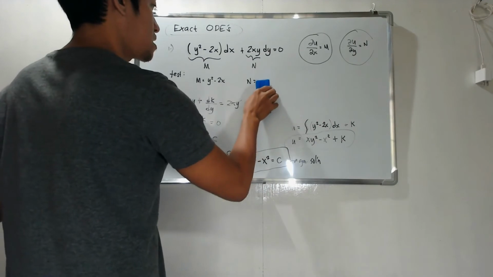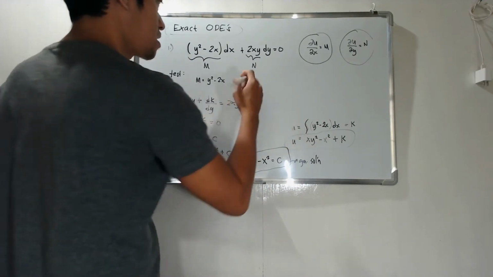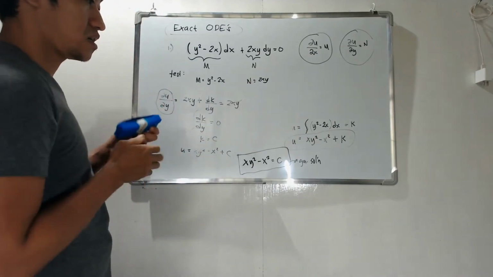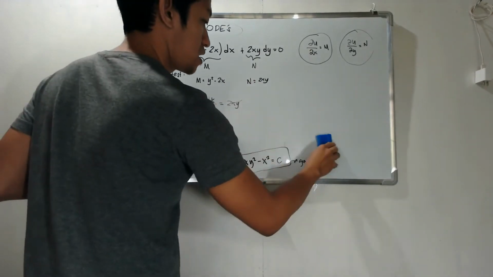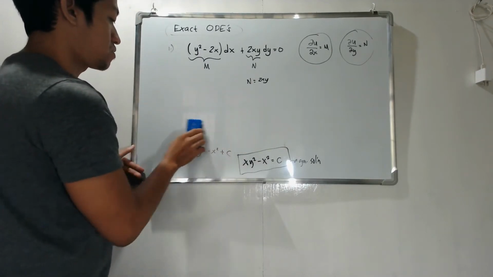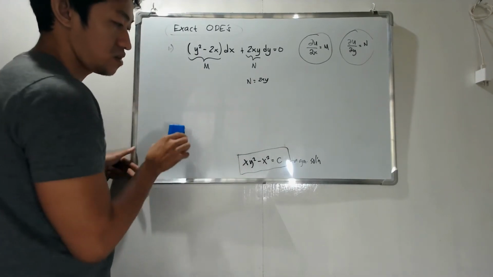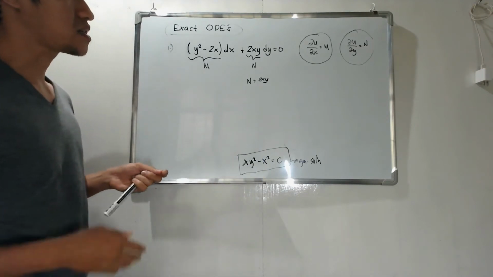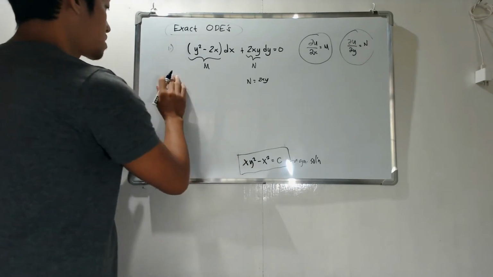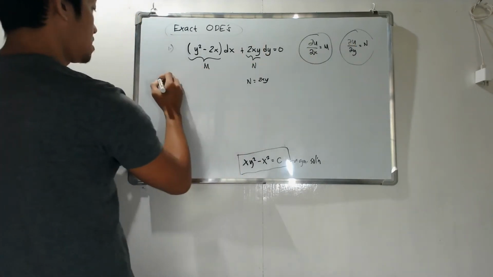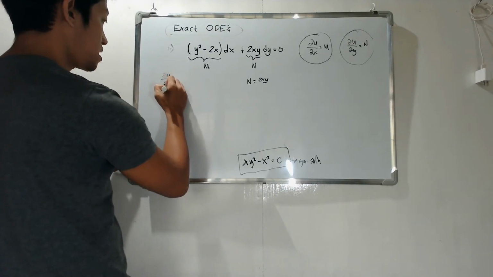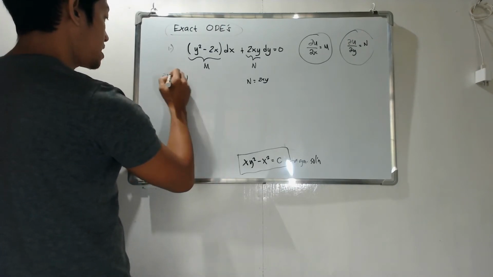Okay, let's illustrate that one, and hopefully we'll arrive at this answer. First, we have partial of u with respect to y equal to n.